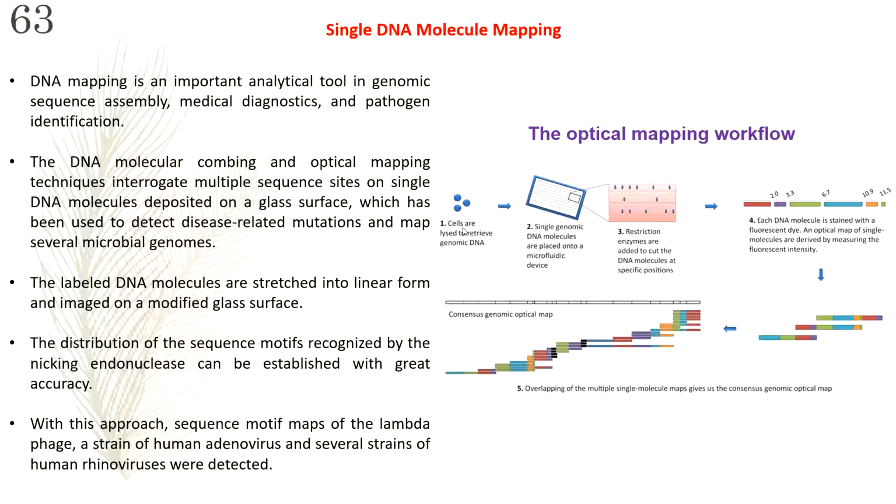Now the current strategy for DNA mapping is based on sizing these DNA fragments, and this is done by enzymatic digestion of the genomic DNA with restriction endonucleases, or shearing the DNA by chopping it up using sonication and so on.